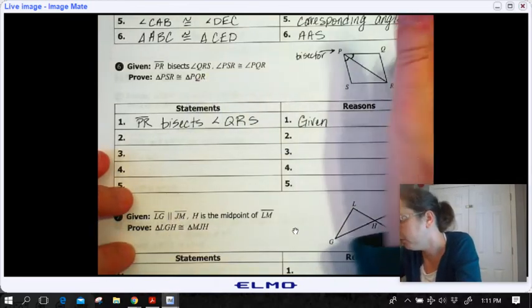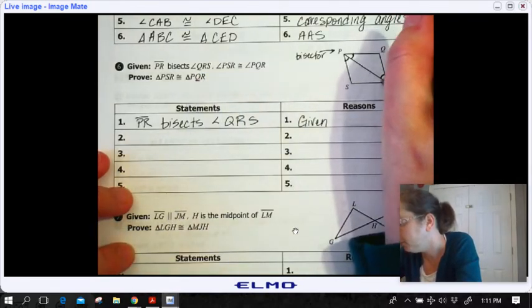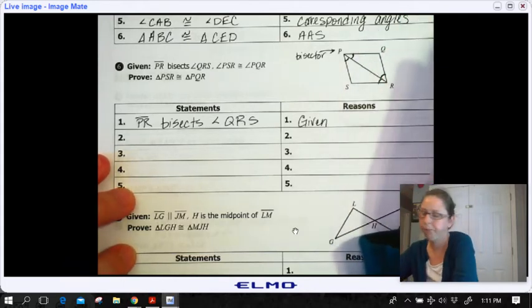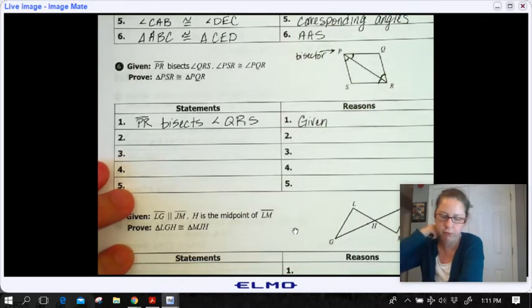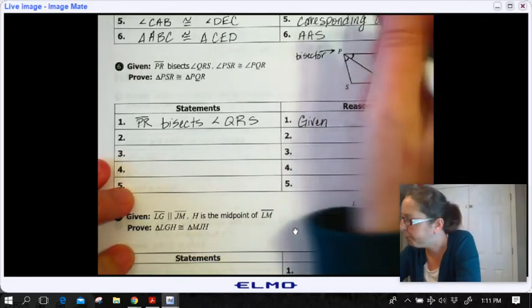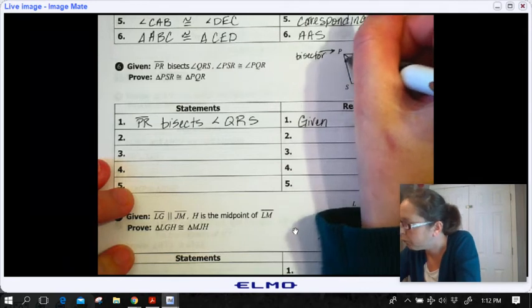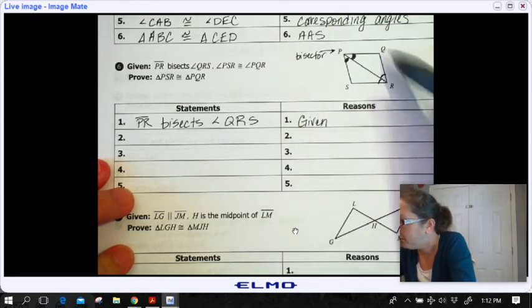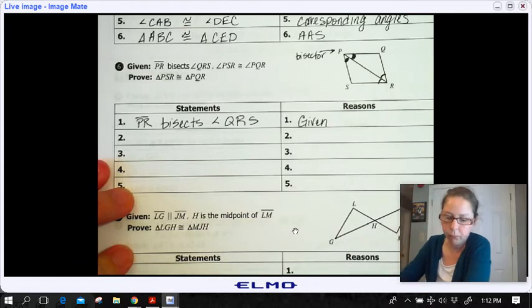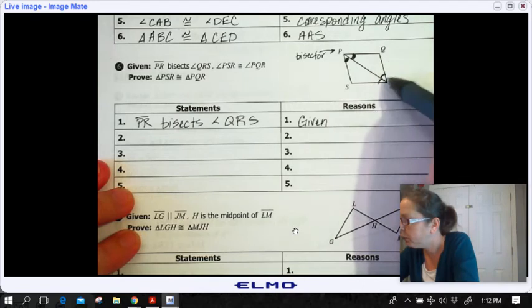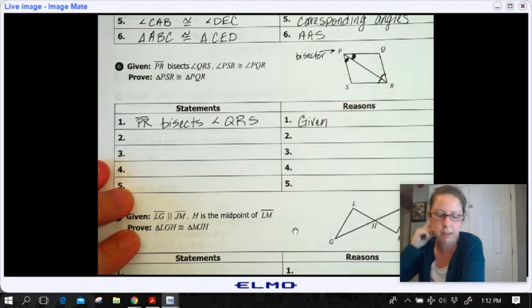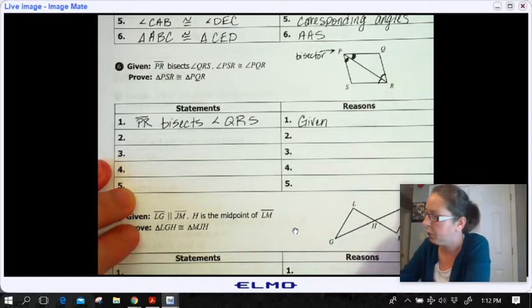QRS, I wrote it on the wrong side, guys, sorry. It bisects this angle down here. All right, so I'm going to leave this here just for a second. So QRP is going to be congruent to SRP, or I could say PRS, either way.